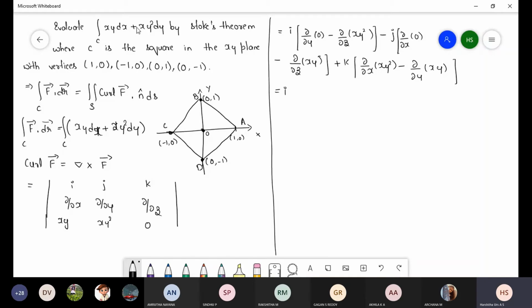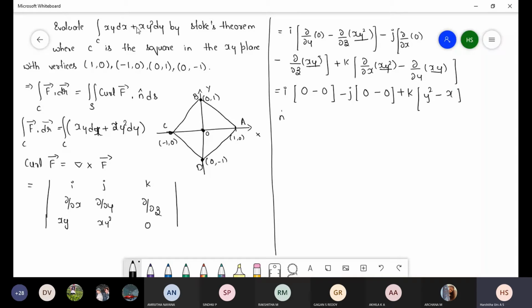So i into first term 0 minus, here no z term, so put 0, minus j into 0, here also no z term, put 0, plus k into differentiation of xy square with respect to x, so write only y square, minus differentiation of xy with respect to y partially, so write x.